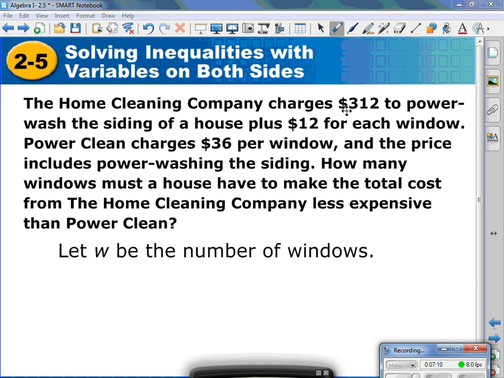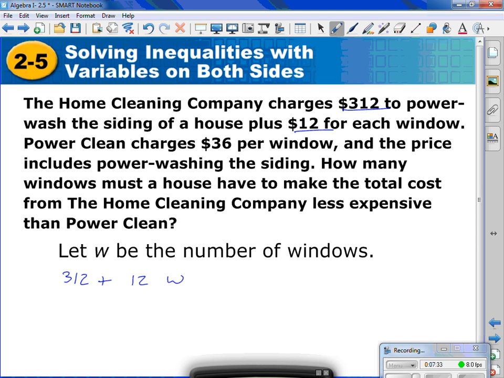All right, they charge $312 to clean your house, plus $12 per window. How can I write that as an expression? 312 plus 12W.